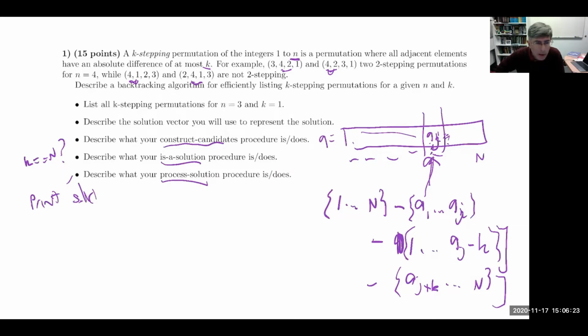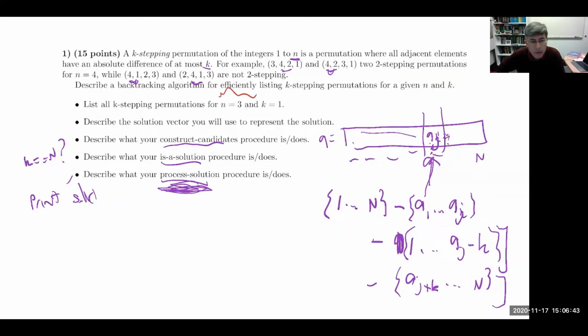Some people may have just constructed all permutations and then used process solution to throw out the ones that you don't need. That is, I guess, correct, but it fails the efficiency test.